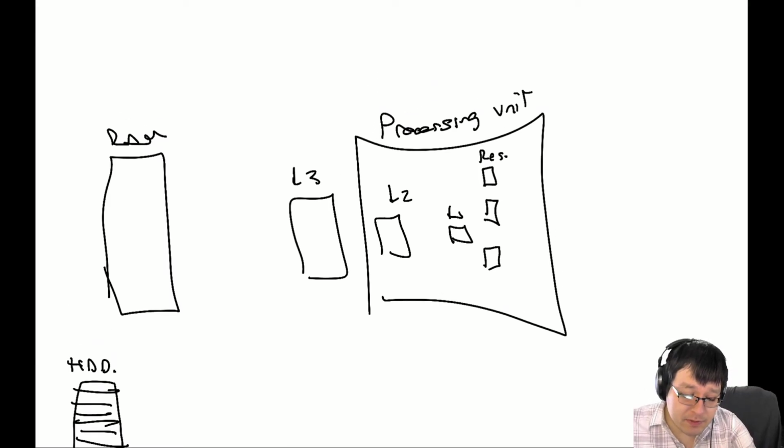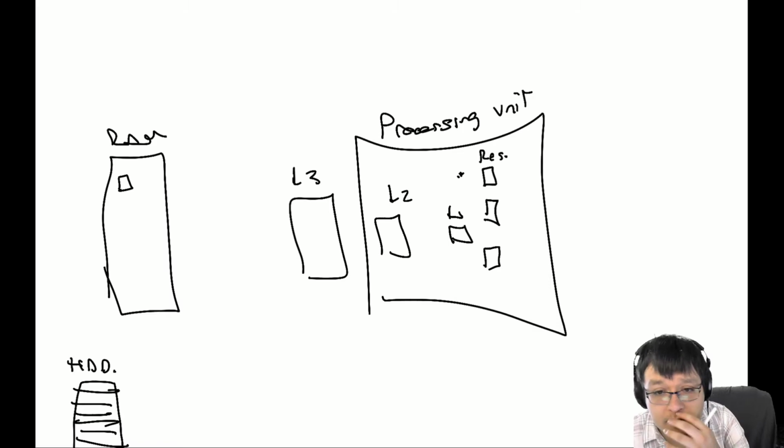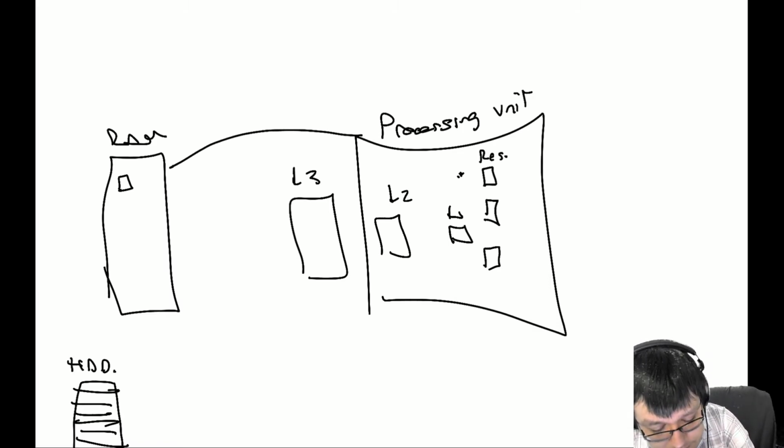So suppose that I have a piece of information here, and that piece of information needs to be put in the CPU to work with. So I go ahead and I copy it down. One way to do this is I could go in here, get the information, and then copy it here.